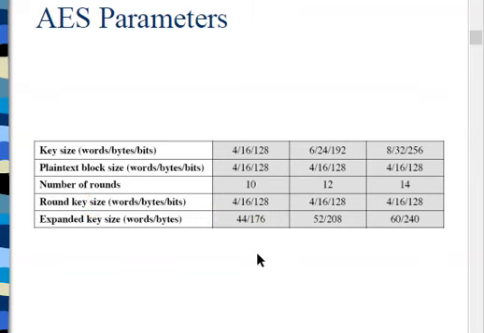And here we can compare different AES parameters. As you can see, if the number of rounds is equal to 10, the key size is equal to 128 bits or 4 words, the same thing.